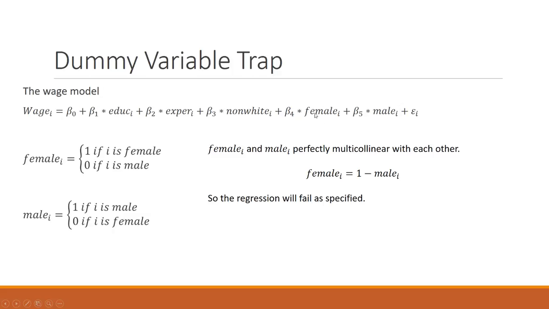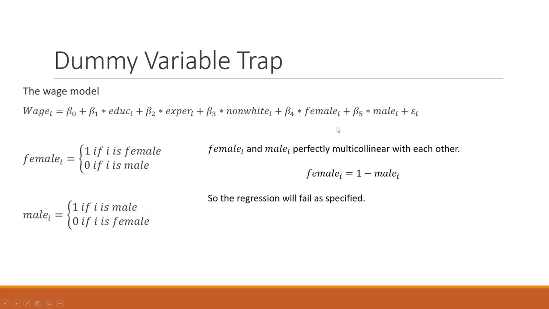That's why we don't include both. We don't include a dummy variable for both possible values of the characteristic, a dummy variable for female and a dummy variable for male. We only include one of them because it won't run, since there will be perfect multicollinearity.